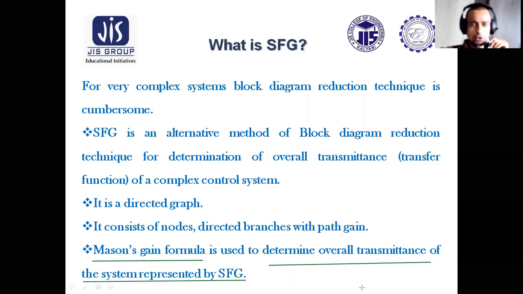So if you know how to draw signal flow graph from block diagram, and if you know Mason's gain formula for a particular SFG, then you can get overall transfer function or transmittance from a block diagram using Mason's gain formula. So there are two parts. One is whatever the system representation is, first convert it into SFG. Once SFG is obtained for that particular system, you must use Mason's gain formula to get that overall transmittance.